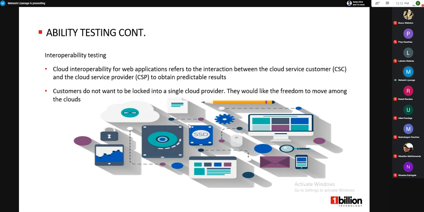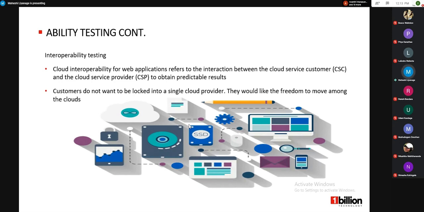So this will give customers the freedom to switch their providers when their computing needs grow or some requirements change. And let's say this interoperability testing can be divided into 3 parts.